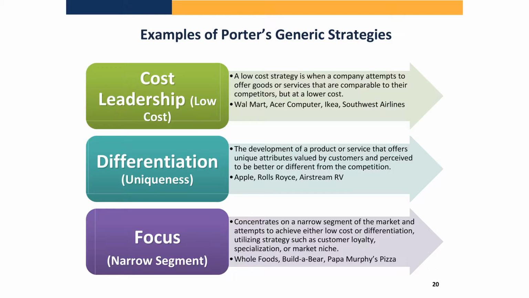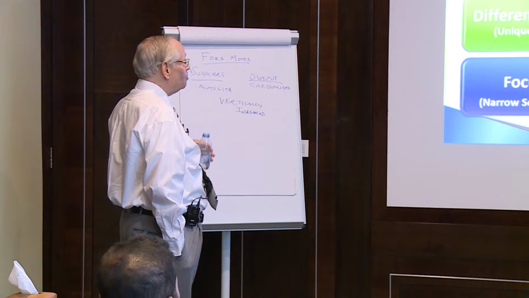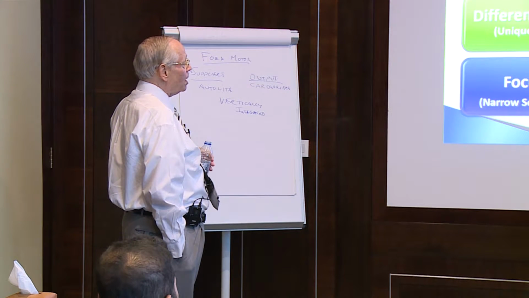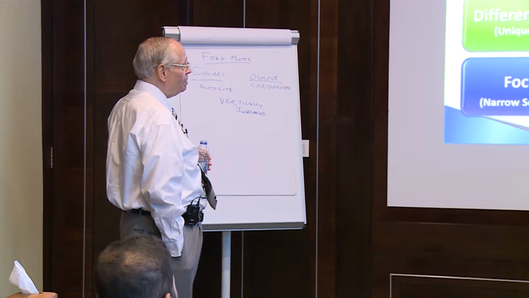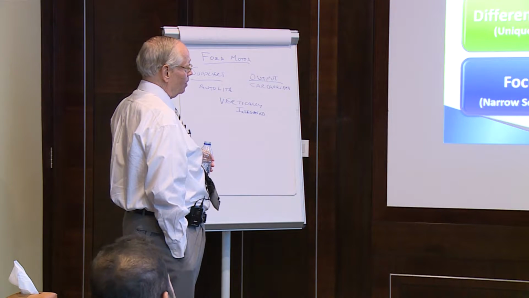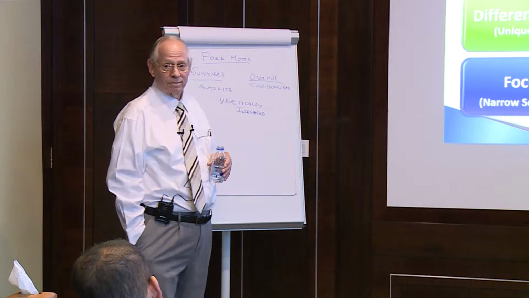So differentiation, of course, is uniqueness. The development of a product or service that offers unique attributes valued by customers and perceived to be better or different from the competition. Apple Computer, Rolls-Royce cars, Airstream recreational vehicles, okay? Those are all differentiated products.